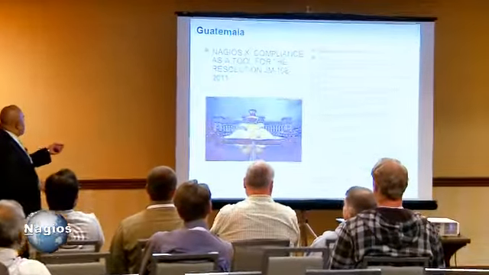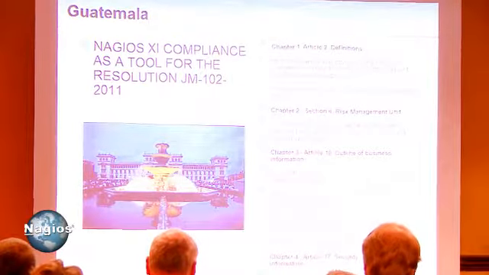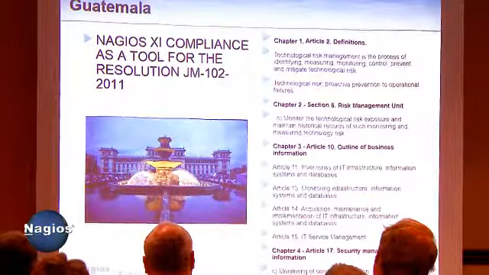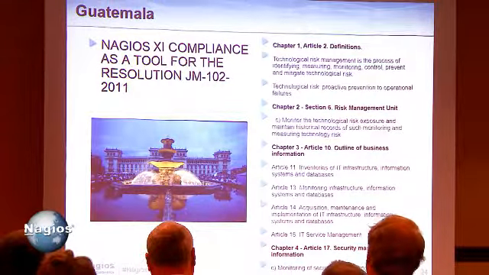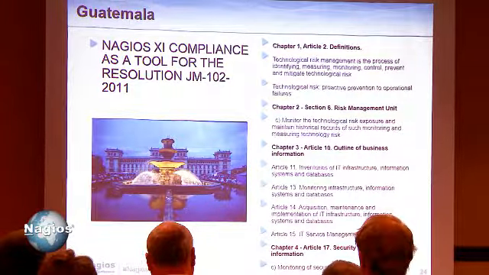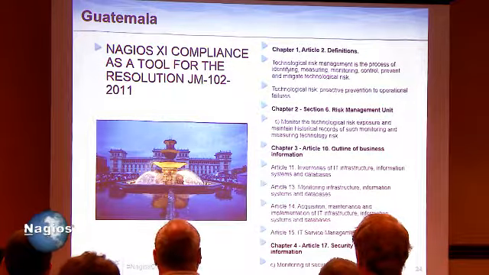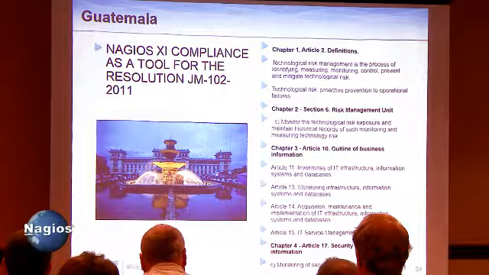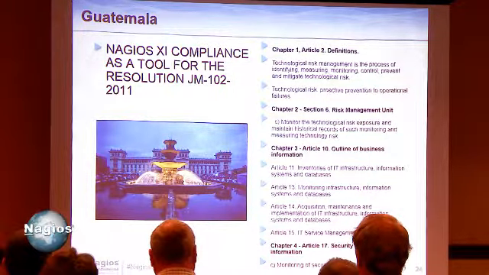With Nagios you comply with this chapter, because with Nagios you identify, monitor and take control of the issues in technology. Chapter 2, section 6, risk management unit: monitor the technological risk execution and maintain historical records.